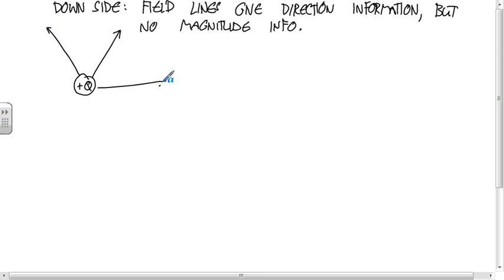Just lines going out to infinity in every direction. And so what this tells you is, say that you wanted to know what direction the electric field vector was going at this point. It's tangent to this curve, so it has to be in this direction. You just don't know how big it is.